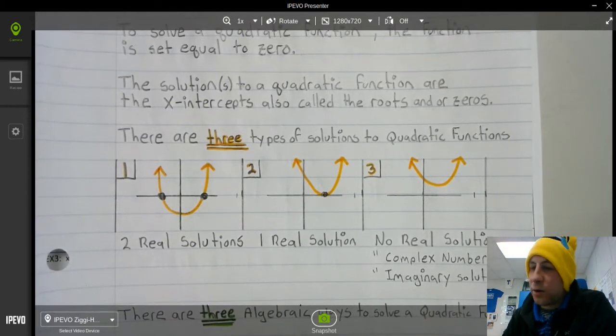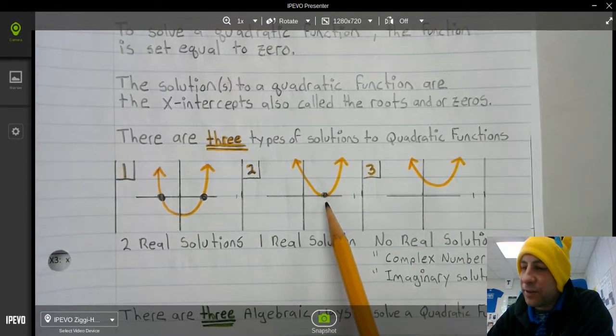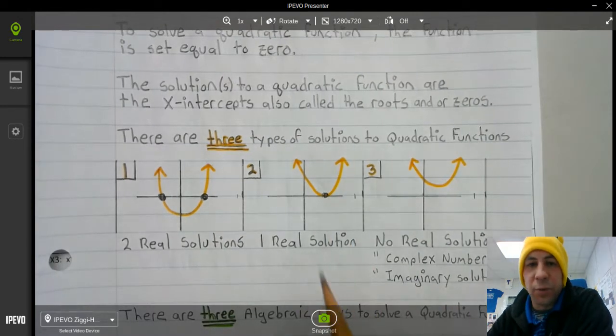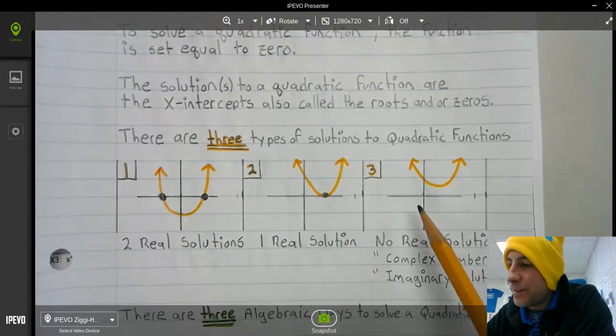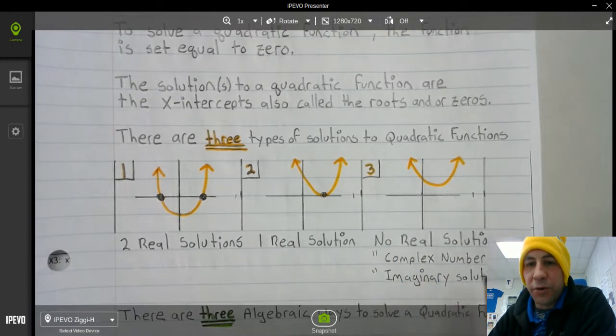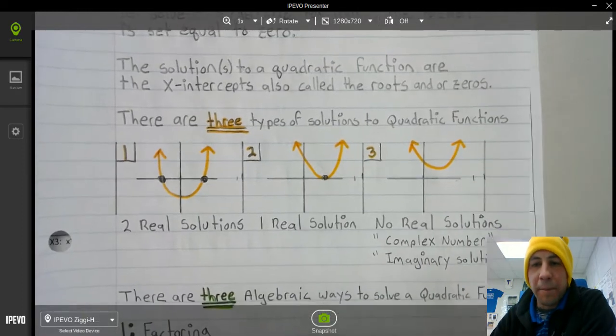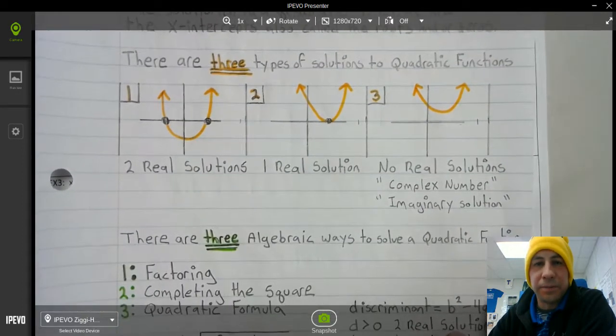When the quadratic function intersects the x-axis twice, you have 2 solutions. When it touches the x-axis once, it's 1 real solution. And when it doesn't touch or cross the x-axis, there are no real solutions, also known as complex or imaginary solutions.